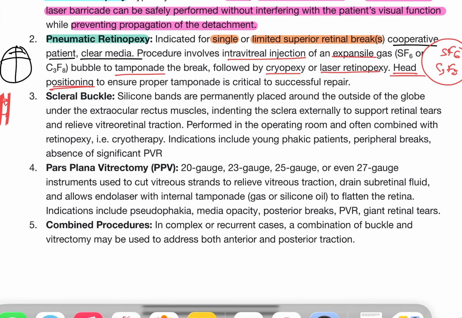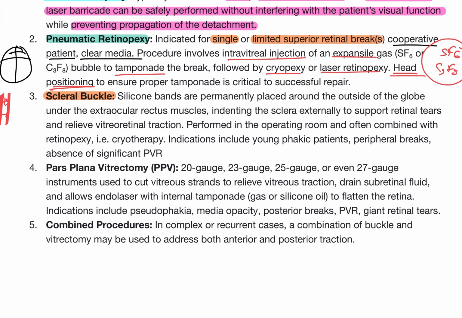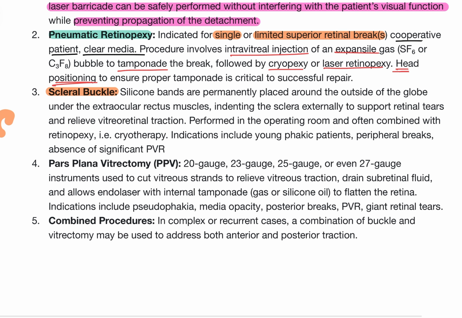Then coming to the next most important, your scleral buckle. Scleral buckle is very important. Okay, I need some space. So you have your eyeball. Think of this as your eyeball, right? Externally, what are the attachments? You have your rectus muscles, right?